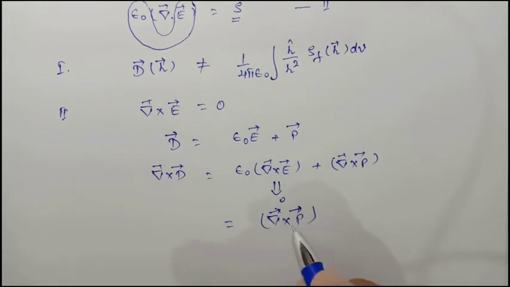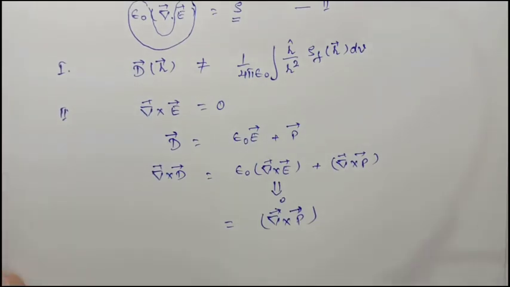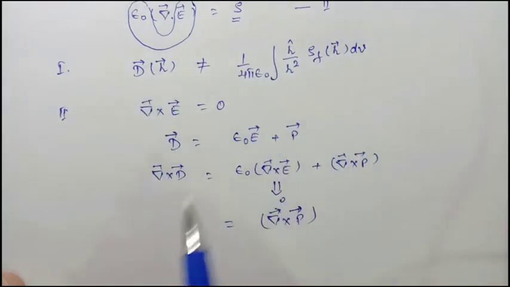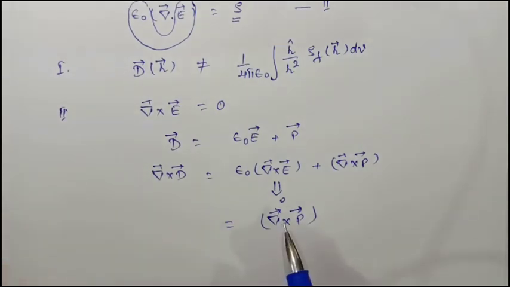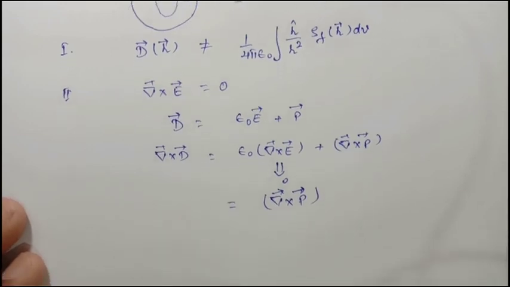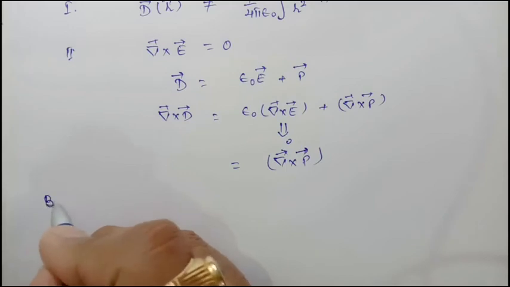So in general del cross D is not equals to 0. So we have two basic reasons why they are not equal. First, the integral form of electric displacement vector is not equal to this factor, and second, curl of electric displacement vector is not always equals to 0. But on the other hand, if we have Gauss law in vacuum, then del cross E is equals to 0.